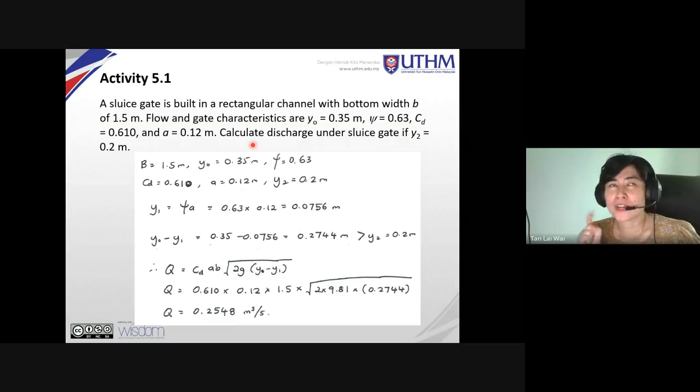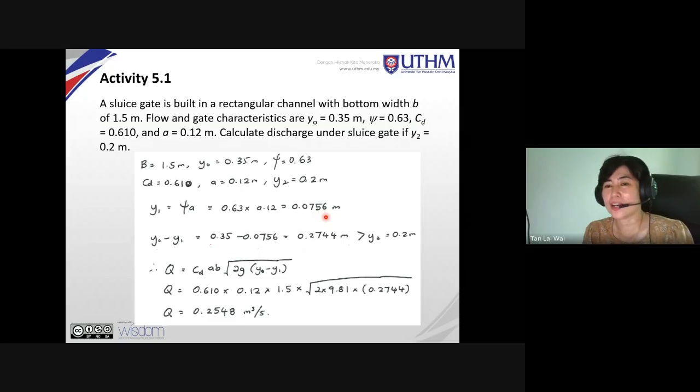Now we know that if you want to find the discharge, we need to find the difference of y0 minus y1 and compare it with y2. So the first thing is we need to find y1. We know that y1 is the depth correction factor times the height of gate opening, which is a. So y1 is 0.63 times 0.12.